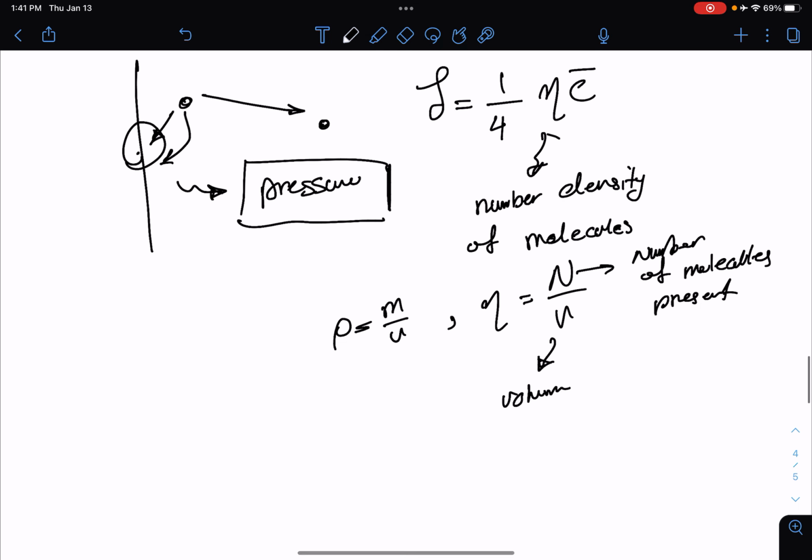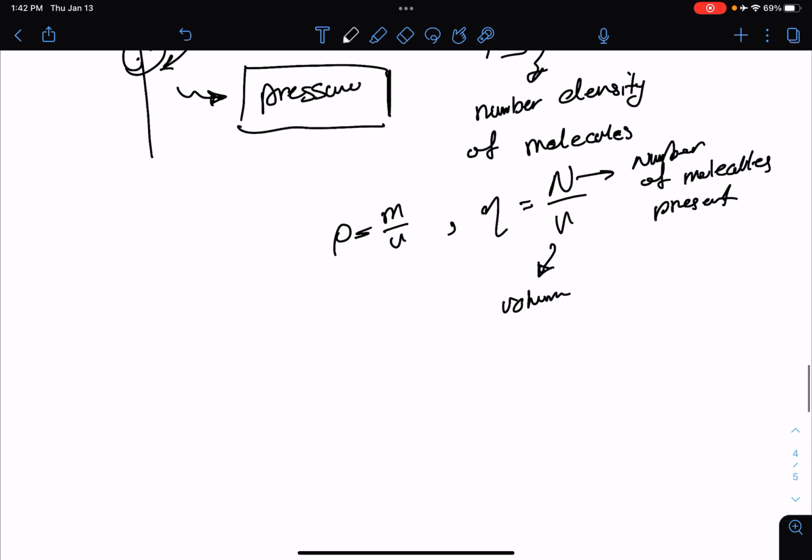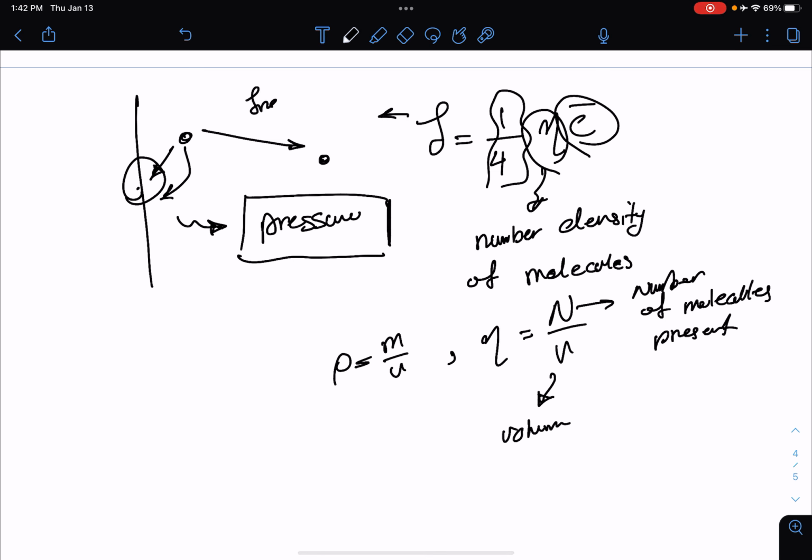If you multiply that by the average speed and then divide it by 4, you are going to get the frequency of a flat plate bombardment. But why is there a 1/4 there? Can anyone tell me? Think about it.